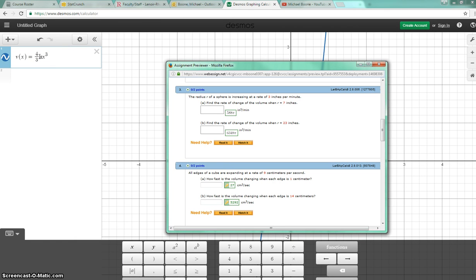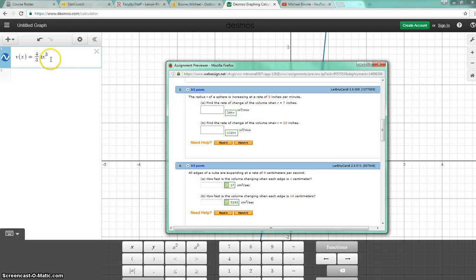Once I derive my formulas, I can have a rate of change of volume over time. And again, where previously we worked with respect to x, now we're looking at it with respect to time.